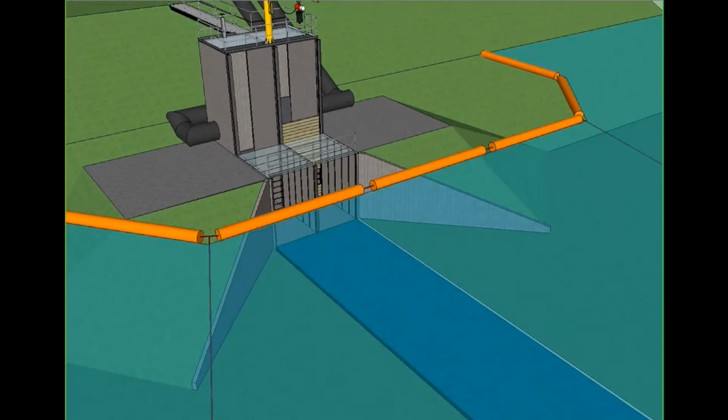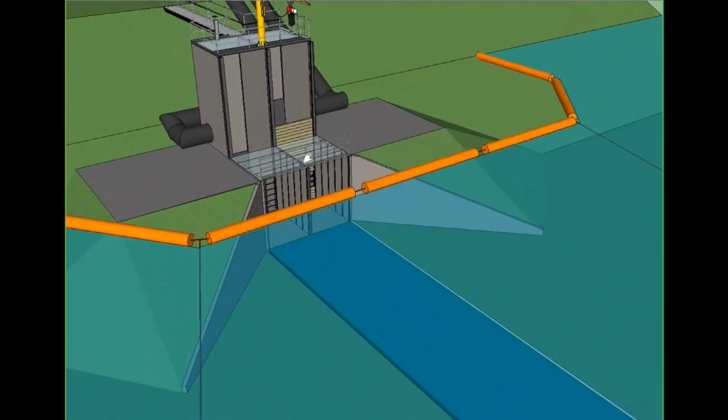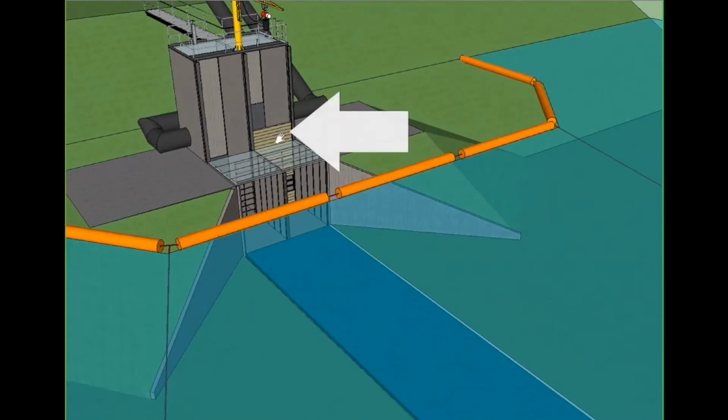So in the case of the right side here, these are the stop logs, the brown things, and we put those in there, and if the water comes over these, then we would be taking water off the top of the river. So as the river comes up, if we want water off the top of the river, we put in stop logs. The water flows over the top of the stop logs into this riser structure, and then we open the sluice gate so the water can then flow through.